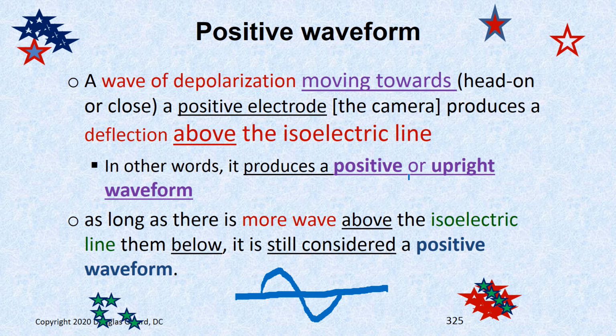So in other words, it produces a positive. This is a positive or upright waveform right there. This is a negative waveform or downward facing waveform. Okay, pretty simple so far. As long as there's more wave above the isoelectric line, it's still considered a positive waveform. So it doesn't have to be perfectly biphasic. Even if it's a little bit here and then the downward portion is much bigger, that's still considered the negative waveform.